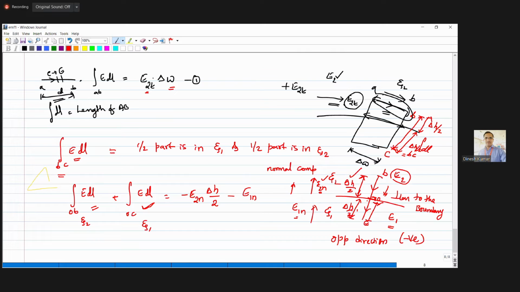And the length of OC is the half part, that is delta H by 2. So this is our equation 1: minus E2n delta H by 2 minus E1n delta H by 2. So next we have to go with what?